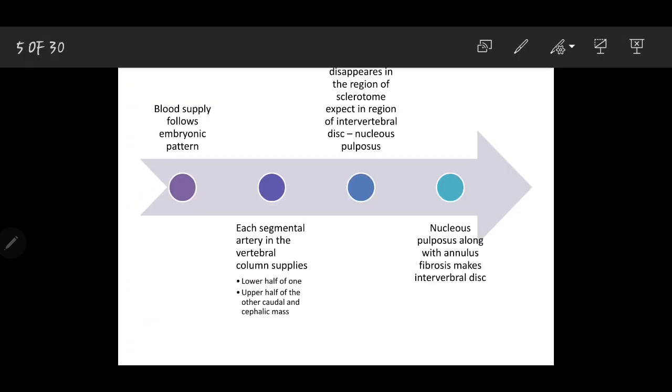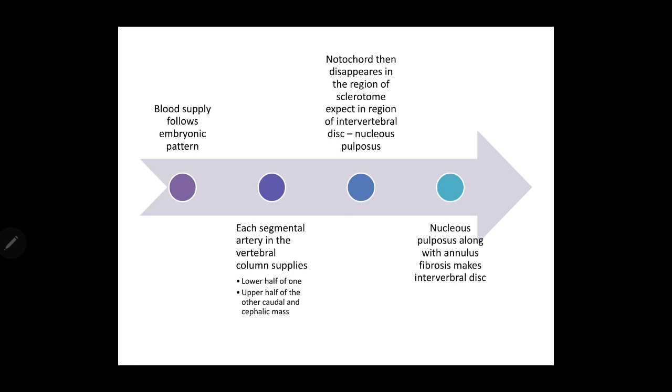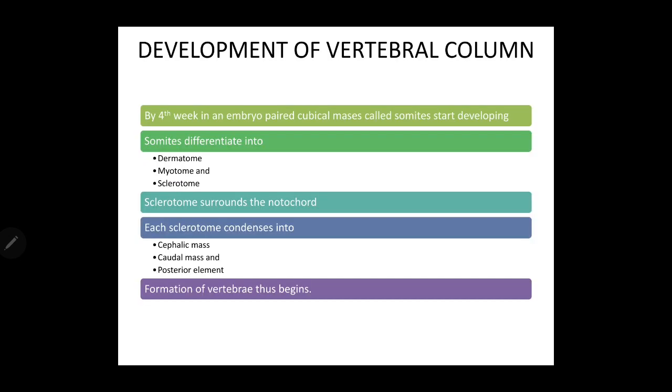Now this is the blood supply pattern. If you remember, the blood supply of every vertebral body is like this: the lower half of the upper vertebral body and the upper half of the lower vertebral body, along with the intervertebral disc in between, all receive blood supply from the same segmental artery. That means you have two vertebral bodies with an intervening disc in between.